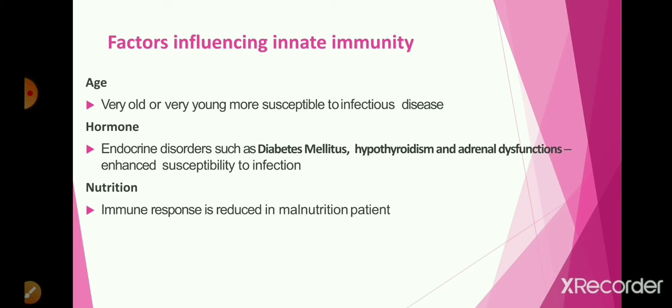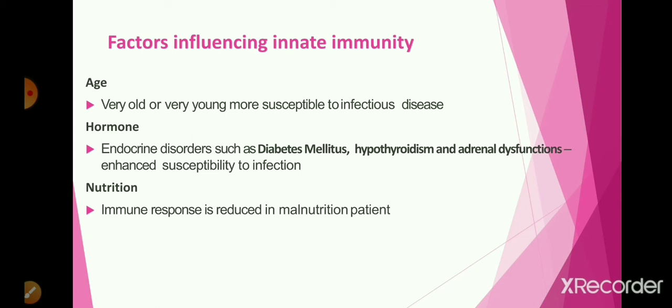Also, the deficiency of vitamin A, vitamin C, and folic acid makes an individual highly susceptible to infection by many microbial pathogens. These days, you can hear that vitamin C is essential against the coronavirus.